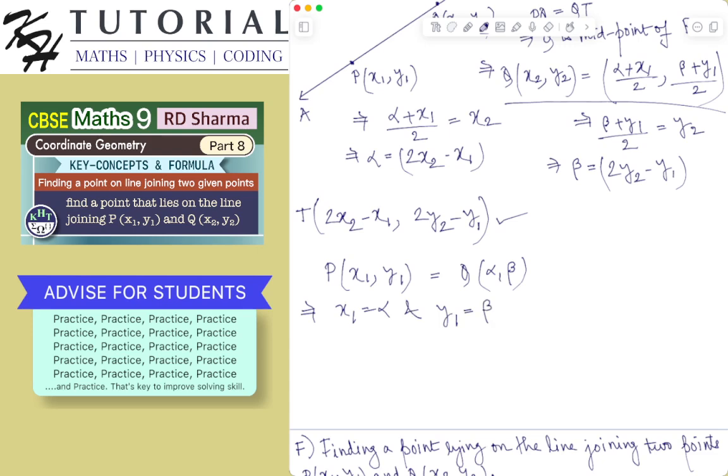So if the coordinates of two points are equal, then the respective abscissas must be equal and the respective ordinates must be equal.